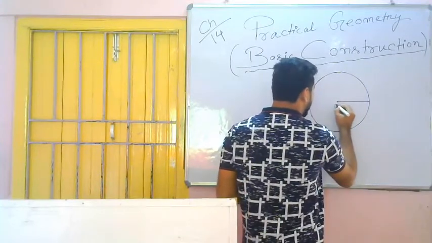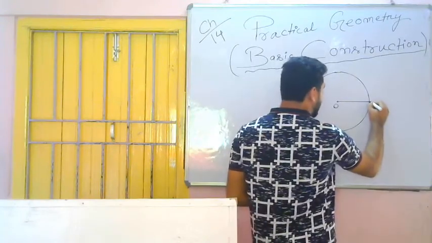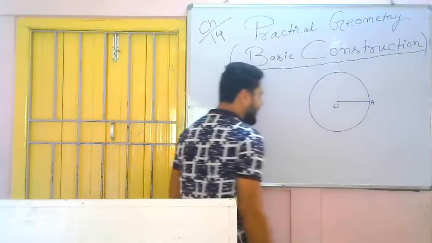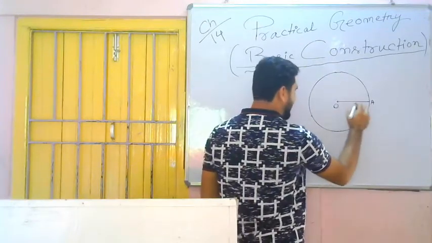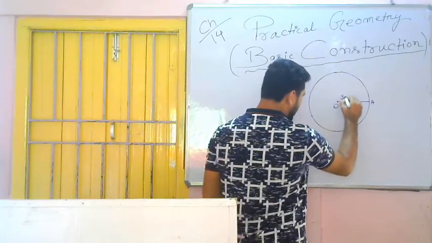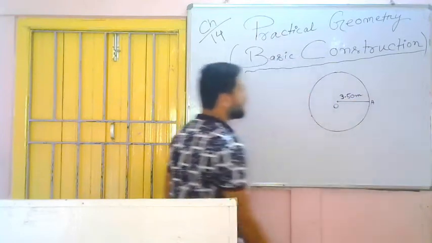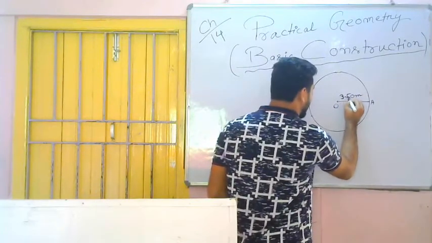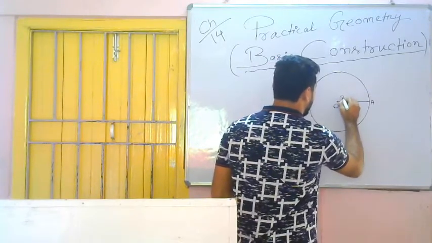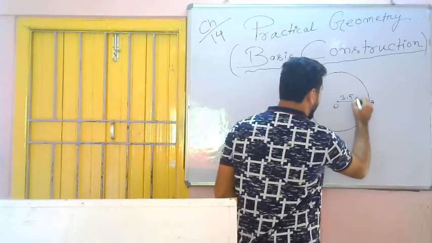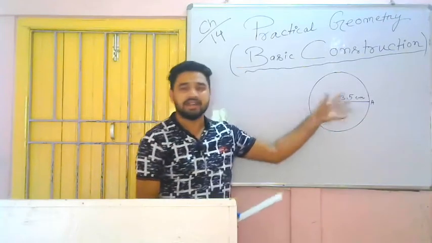Here you give the center as O, and you give the intersection here A. Then OA is the radius, so we have taken a radius of 3.5 centimeter. So that is the required circle.